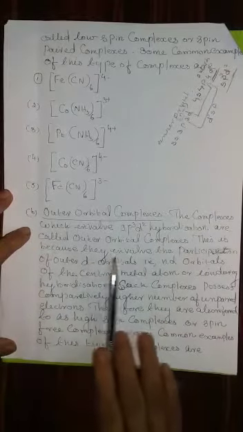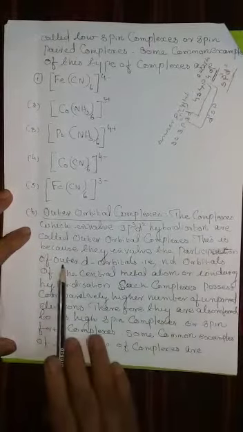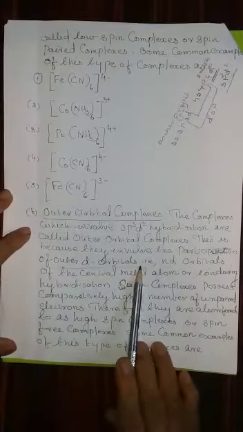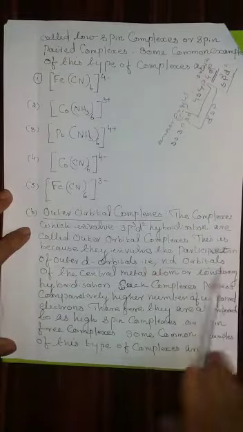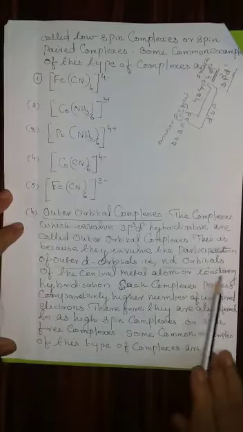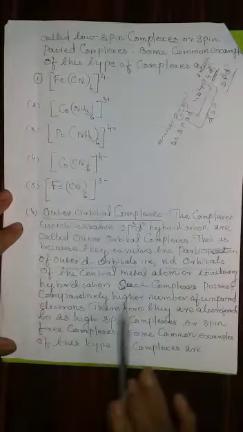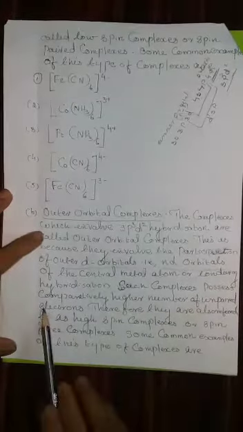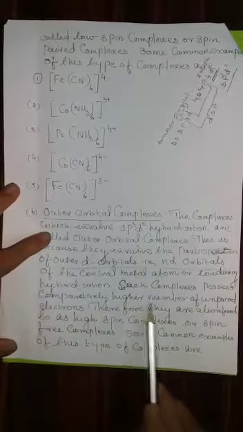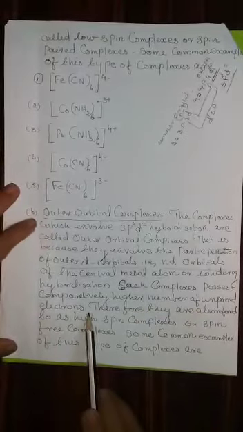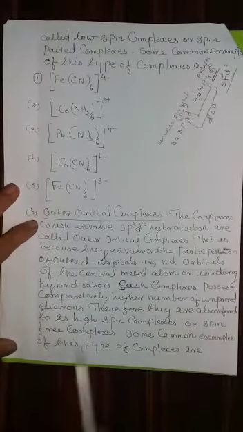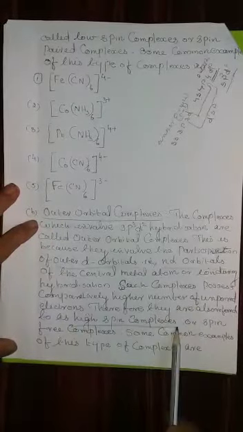This is because they involve the participation of the outer d orbitals, that is nd orbitals of the central metal atom or ion during the hybridization. Such complexes possess a comparatively higher number of unpaired electrons. Therefore, they are also referred to as high spin complexes.